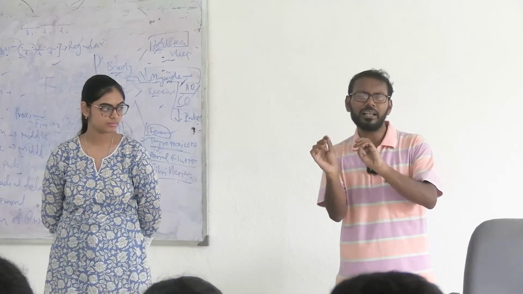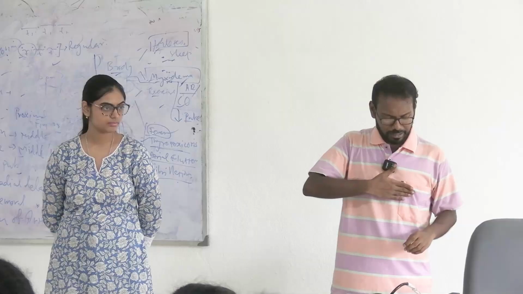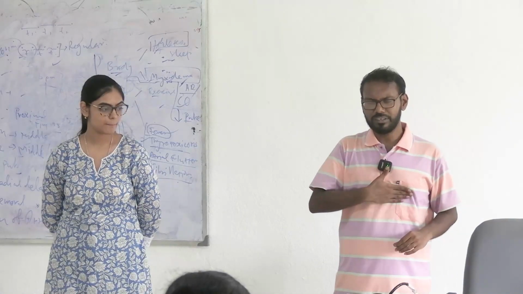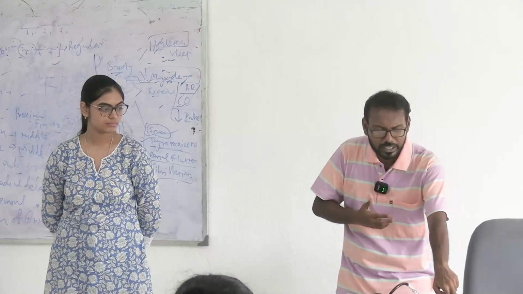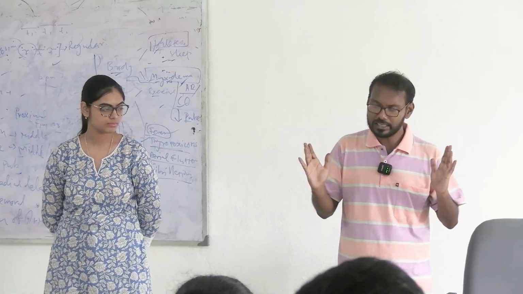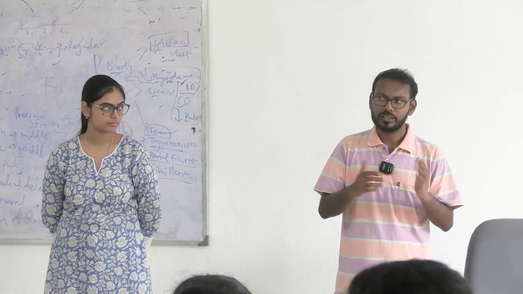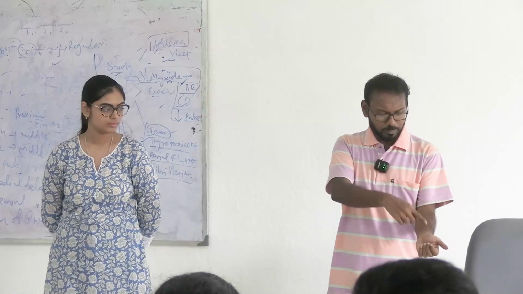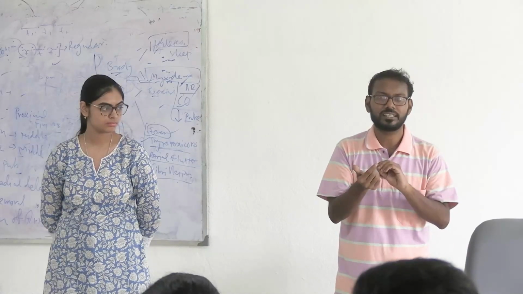So apex pulse deficit, that means you are feeling it over with your stethoscope, you are feeling the apex beat, you are feeling that beat, your heart rate by your stethoscope, and you are also feeling the pulse by your hand. So in an ideal scenario, in a normal person, this deficit will not happen, because the movement from this area to this area happens in milliseconds, right?